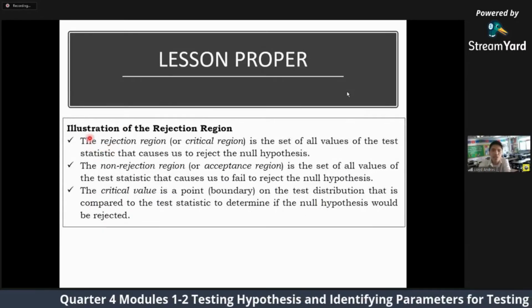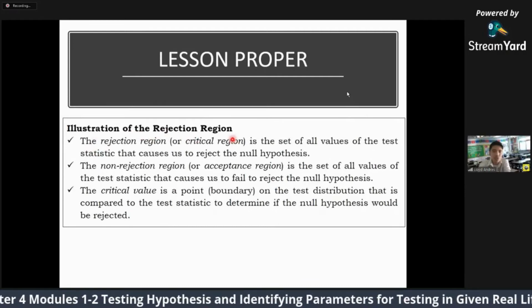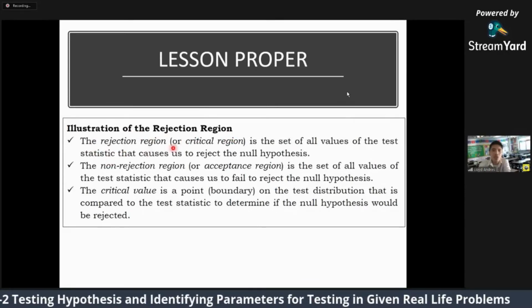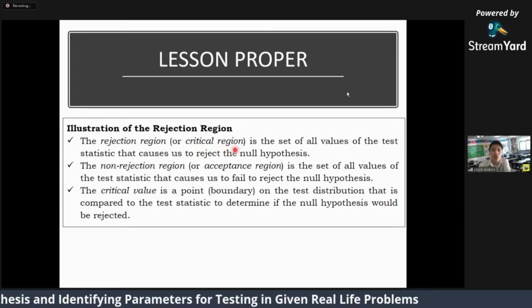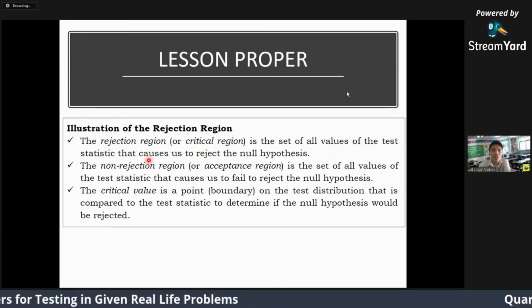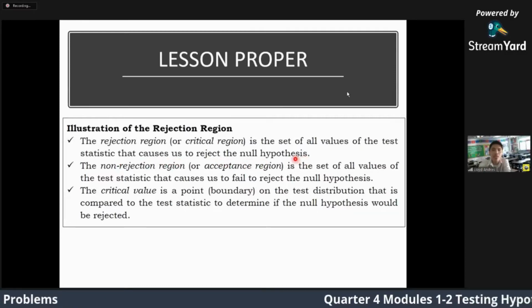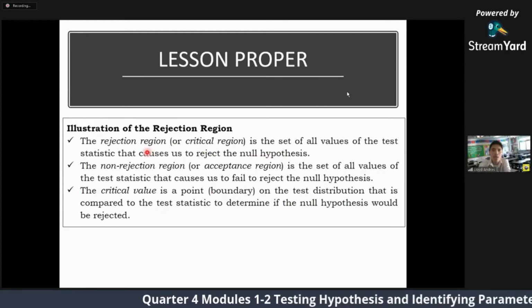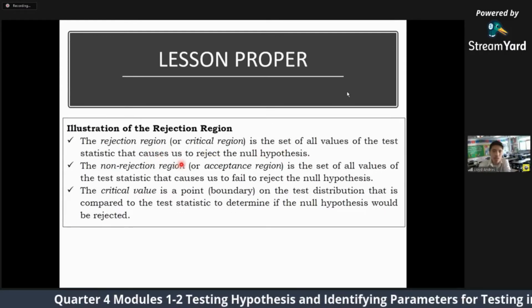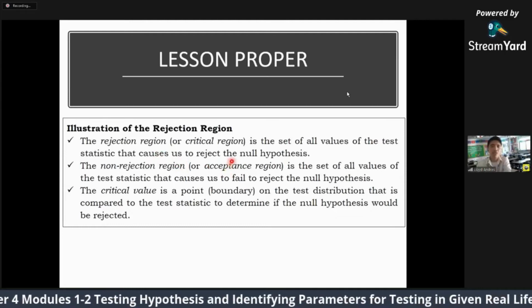Next, illustration of rejection region. The rejection region, also called the critical region, is the set of all values of the test statistic that causes us to reject the null hypothesis. Meaning, the rejection region contains the values that prompt you to reject the null hypothesis.